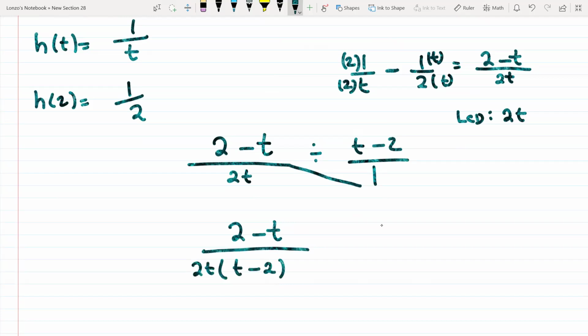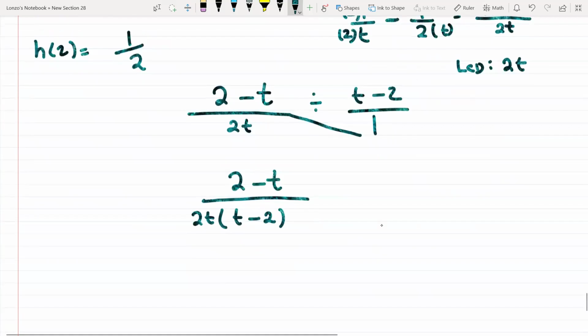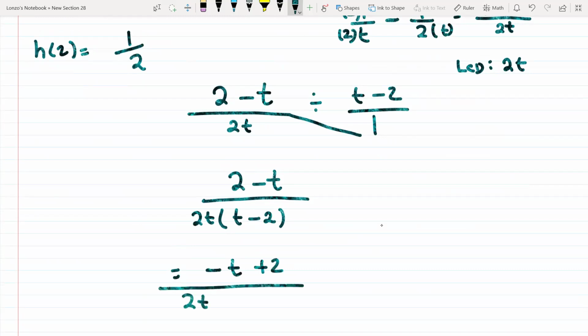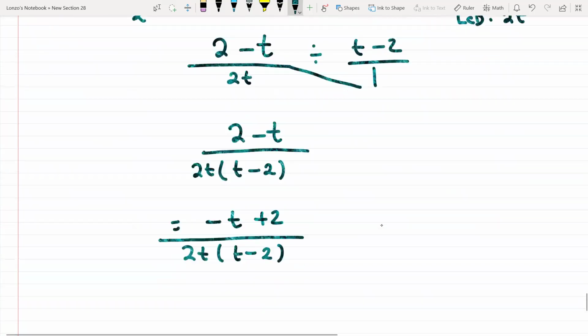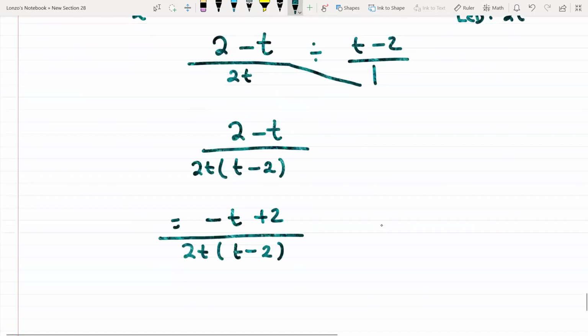Now, do you see anything that cancels? Unfortunately not. 2 minus t is not the same thing as t minus 2. 2 minus t can also be expressed as negative t plus 2. And on the bottom, it's 2t times t minus 2. Can we now cancel these two things? No. But what we can do is manipulate this.